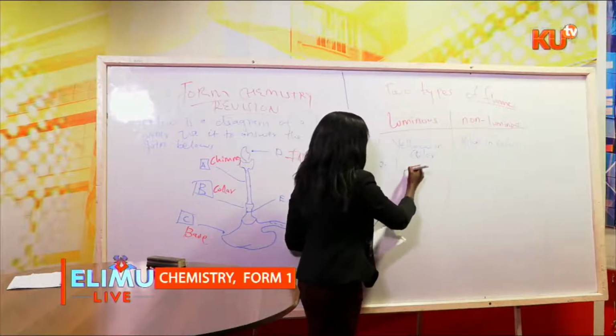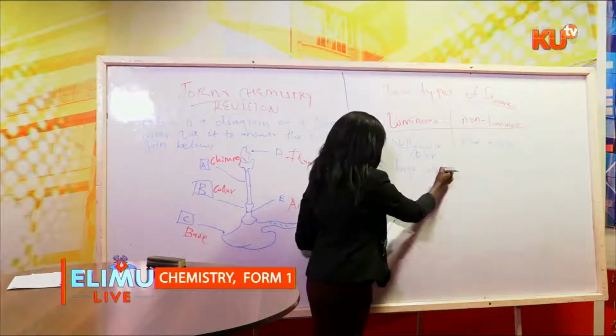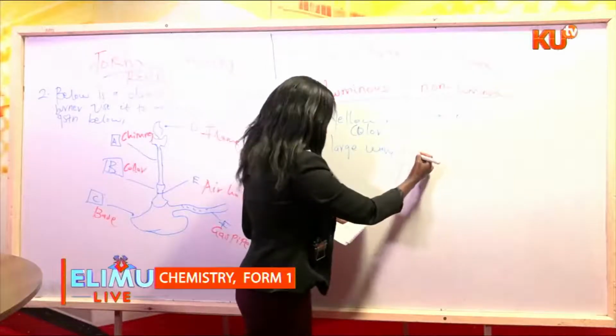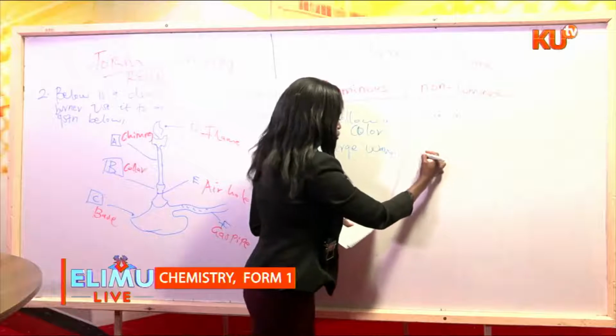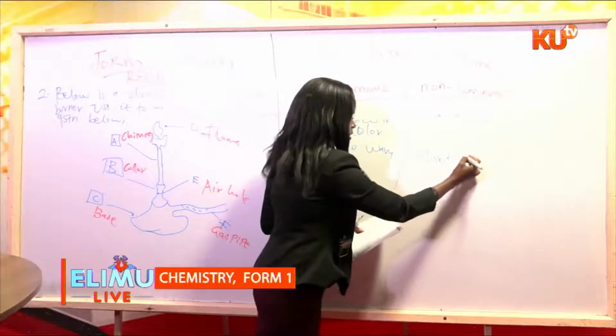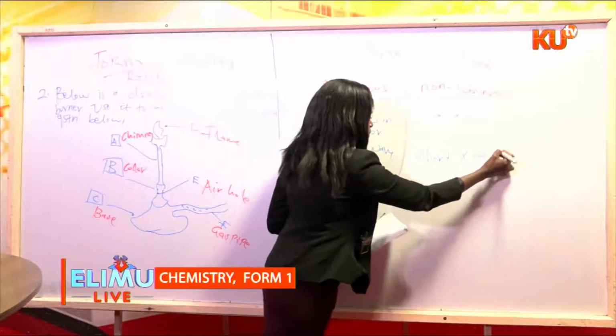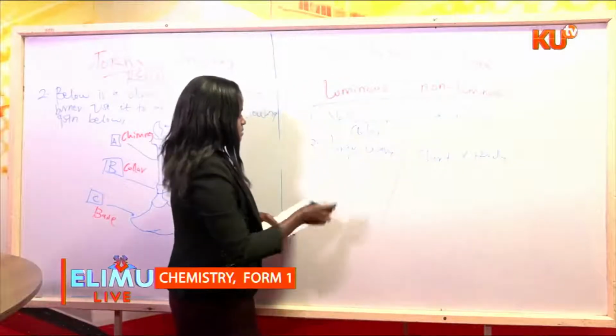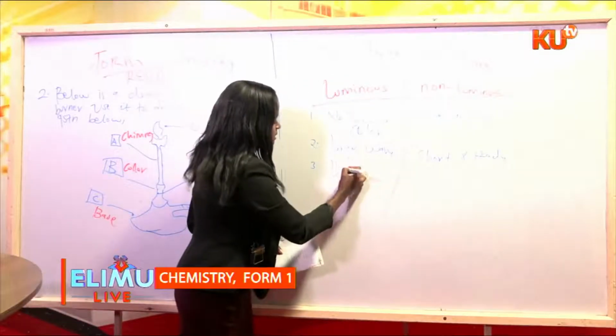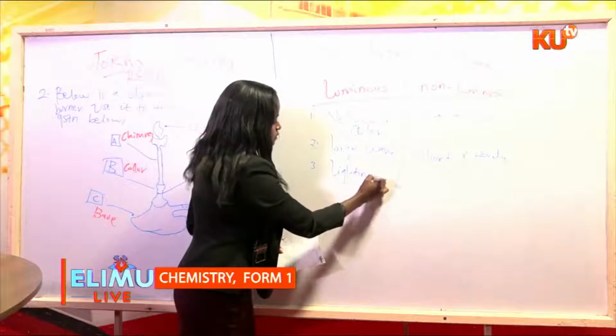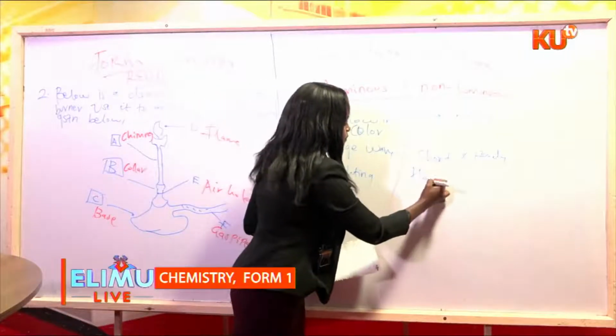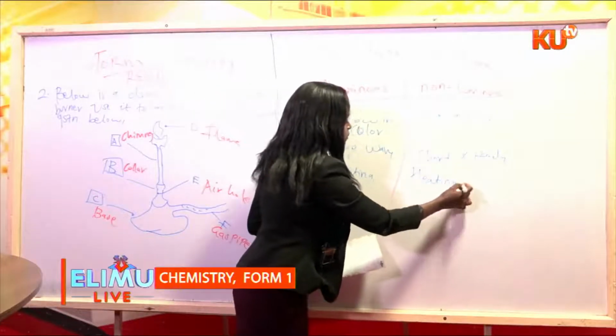Then the flame is large and wavy, while the flame for non-luminous flame is short and steady. Then it is used for lighting. This one is used for eating.